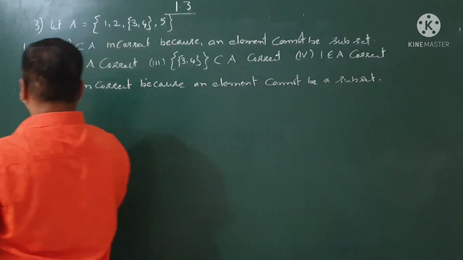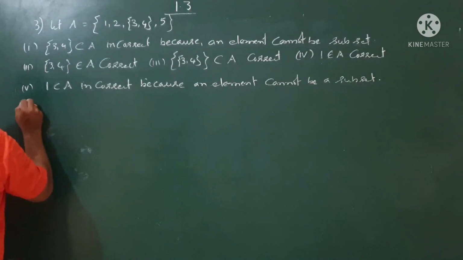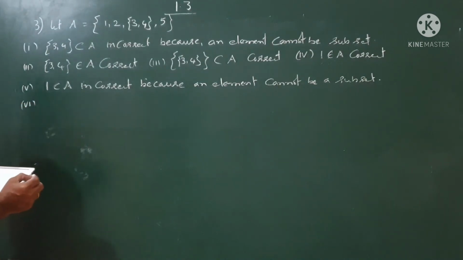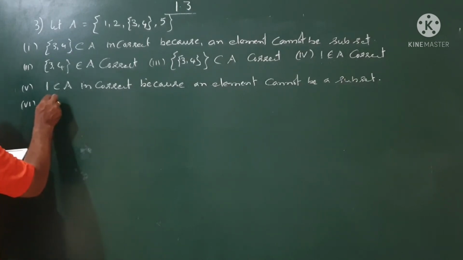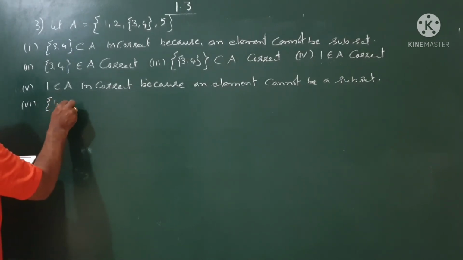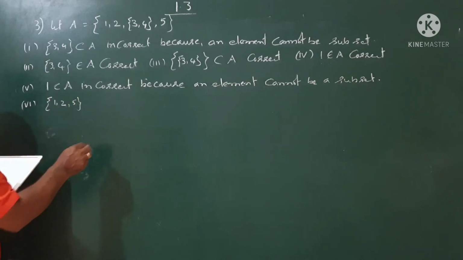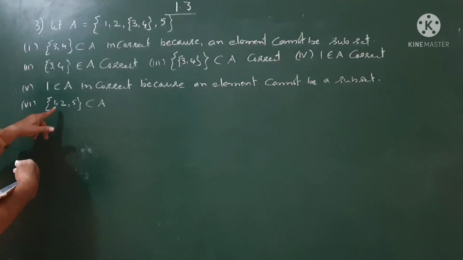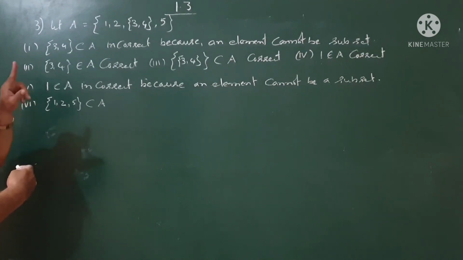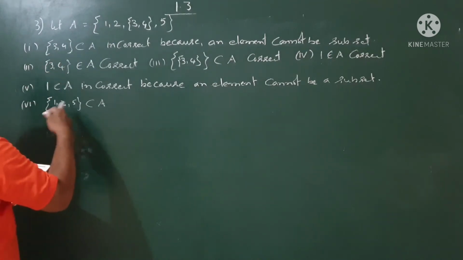Next, 6th one. {1, 2, 5} is a subset of A. Yes. Every element of this set belongs to A, therefore it is a subset of A, therefore it is correct.